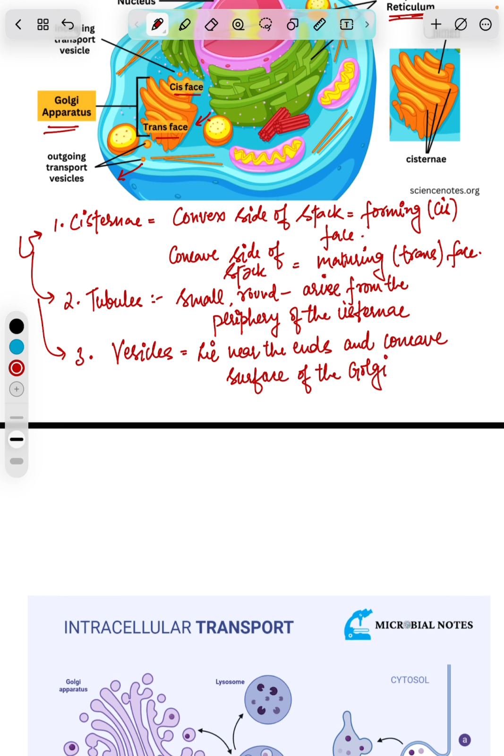Concave means the trans face. Here you can see the trans face, and near to it these vesicles, the outgoing transport vesicles, are present.